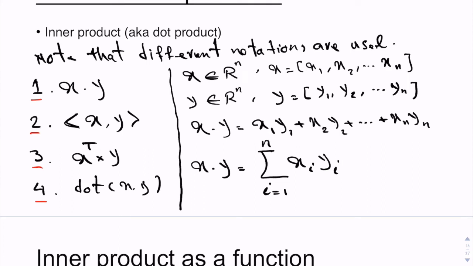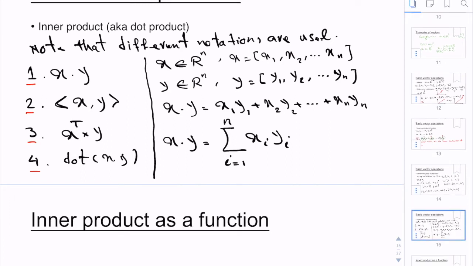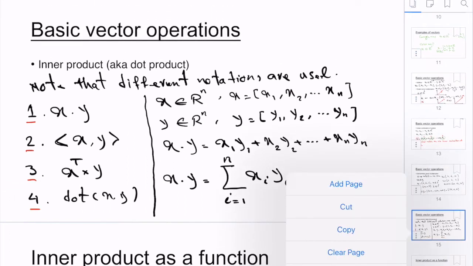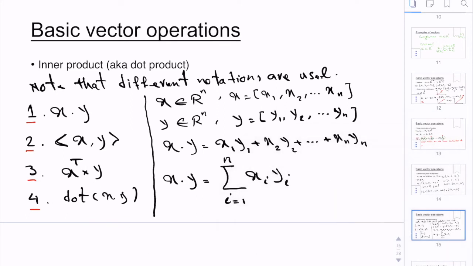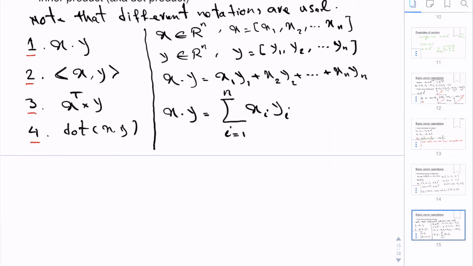I would like to spend some more time on inner product because we are going to use inner product extensively throughout this course, and also there are different notations, as I said. I wanted to make sure that you understand all this notation.